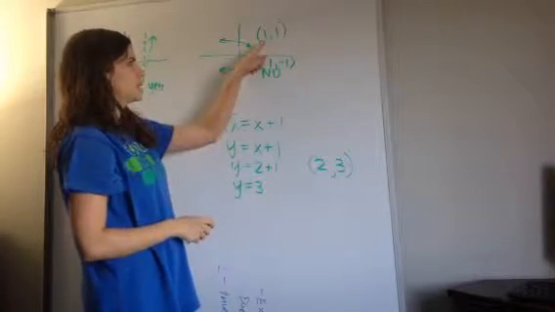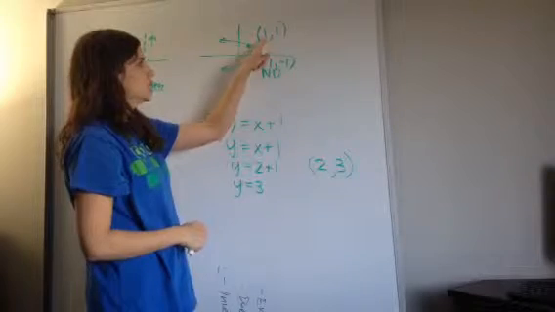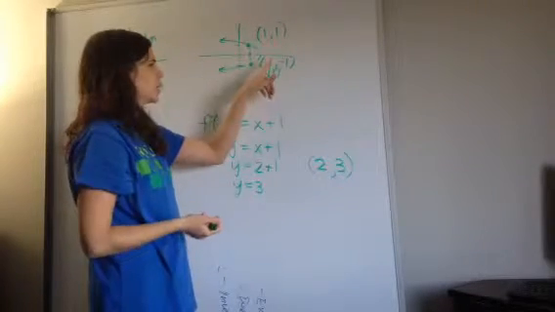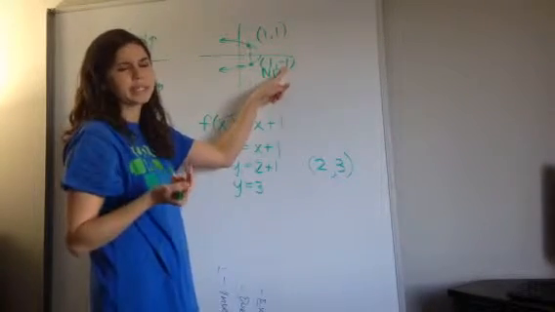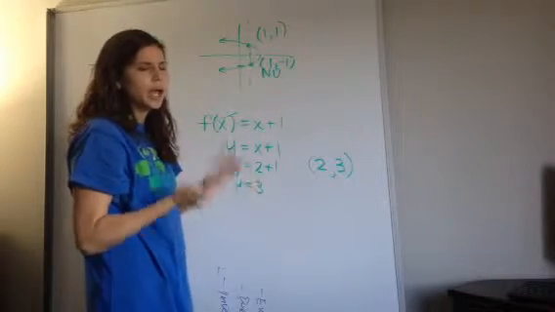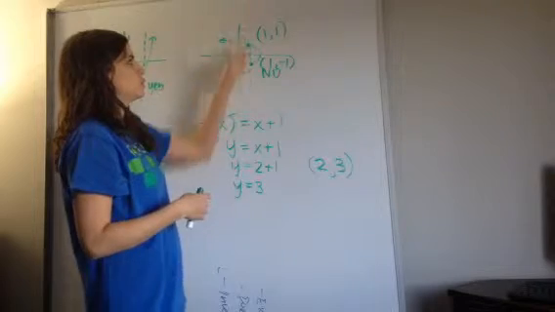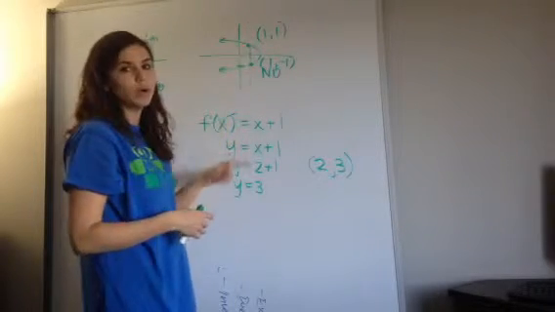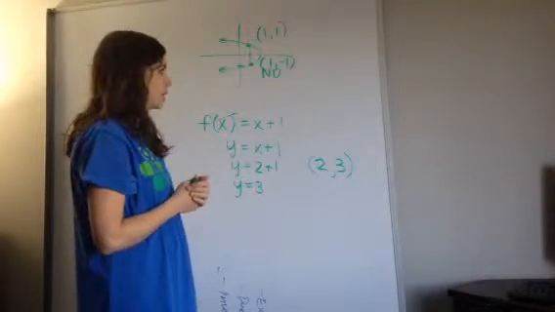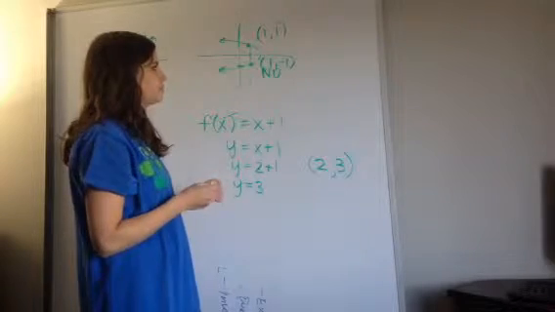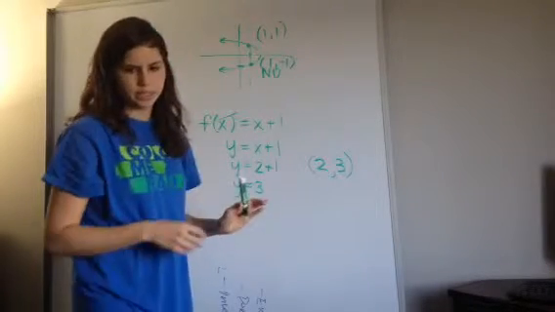Which means if I plugged in 1 for my function and I got 1, and then all of a sudden I plug in 1 and I get negative 1, that doesn't make sense. If I plug in the same number, I should get the same answer both times. So that's why if you draw a vertical line and it crosses more than once, then it's a no. That cannot be a function. And so that kind of explains the why.